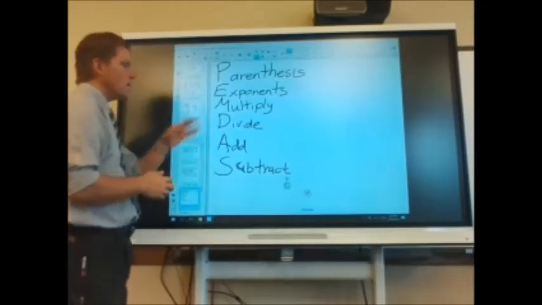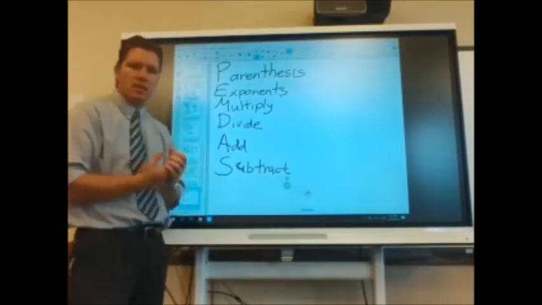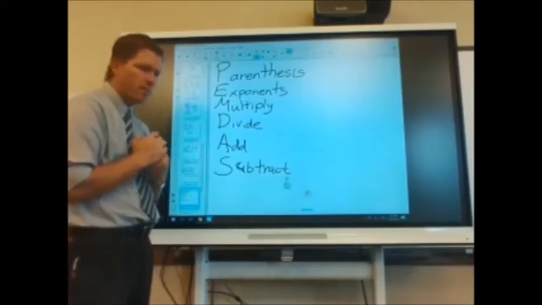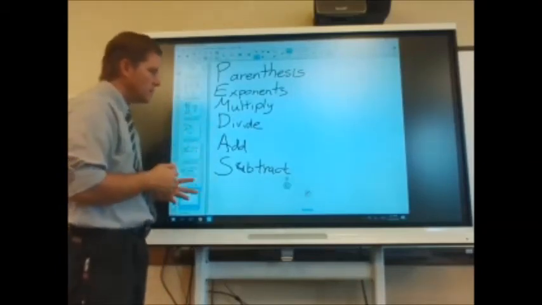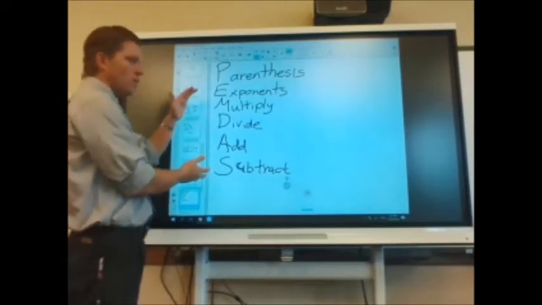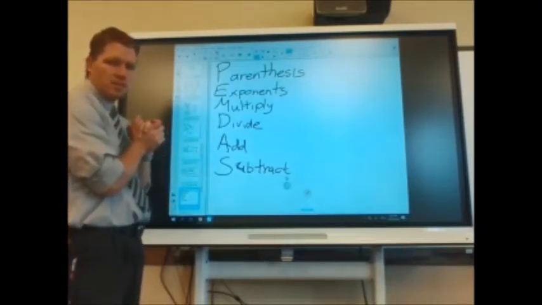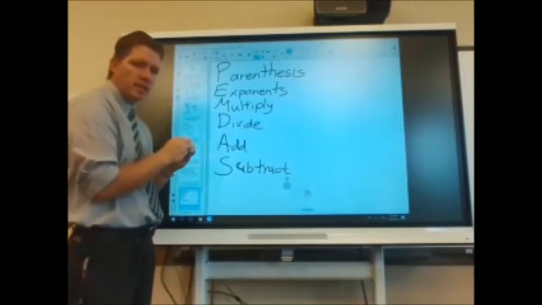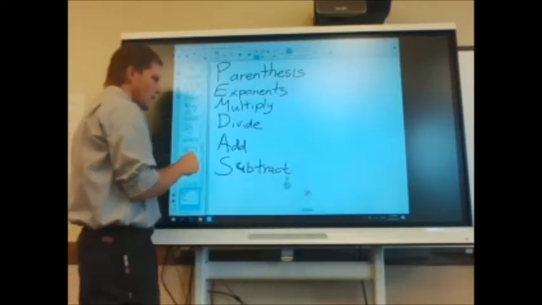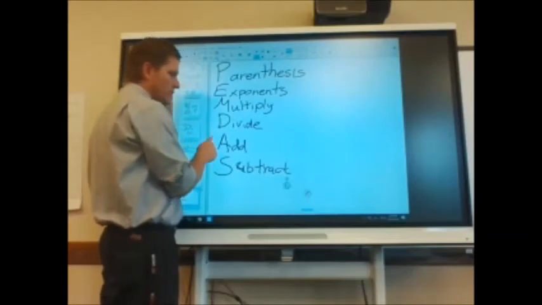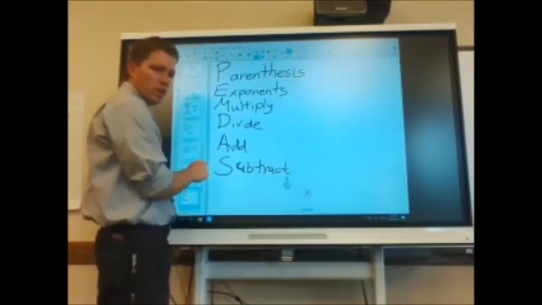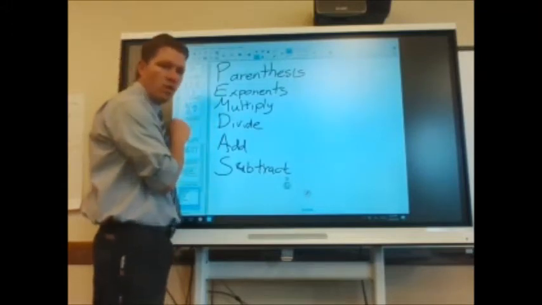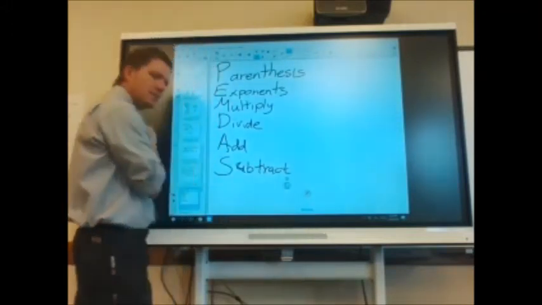Okay? Now, PEMDAS has worked for many years, but we're getting some issues in. Because as I look at this, I've got my 4 basic operations in there. Just in this setup, students will think that addition must come before subtraction and multiplication must be done before division. This is not true.